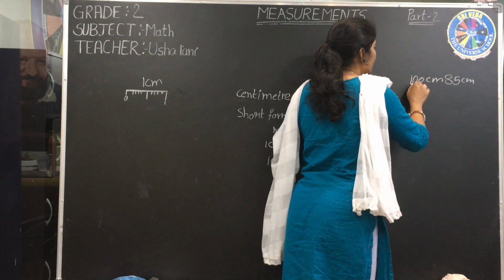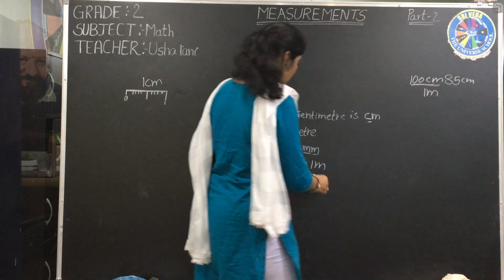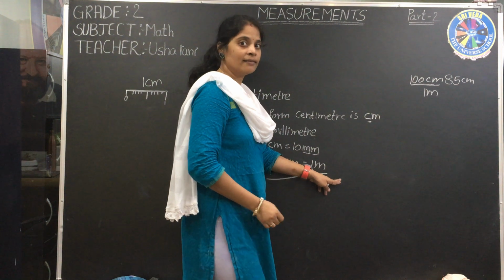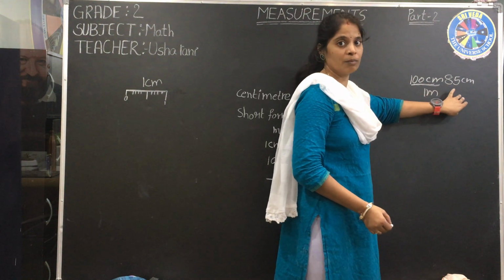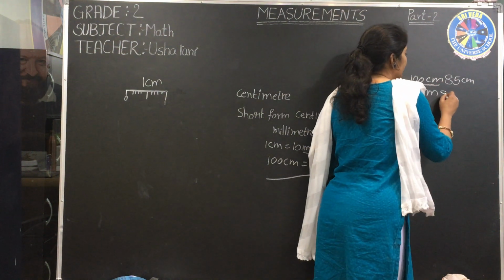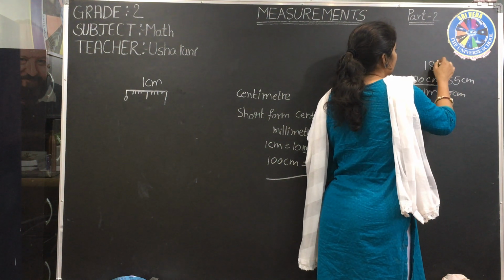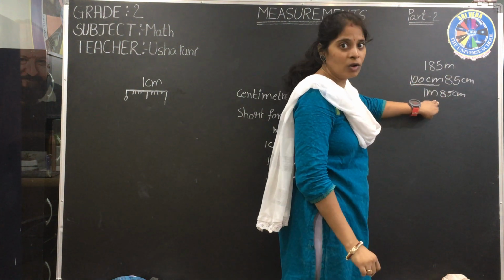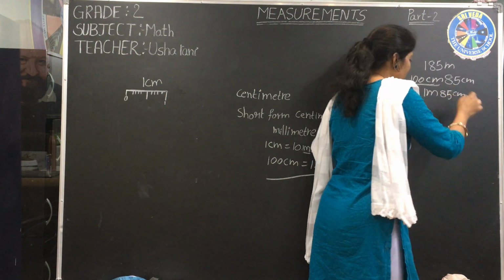In place of 100 centimeters, we can write 1 meter, because 100 centimeters equals 1 meter. But we cannot write 85 centimeters as 1 meter, because it is less than 100. So you have to write 1 meter 85 centimeters. Don't write 185 meters. 1 meter only, and 85 centimeters.